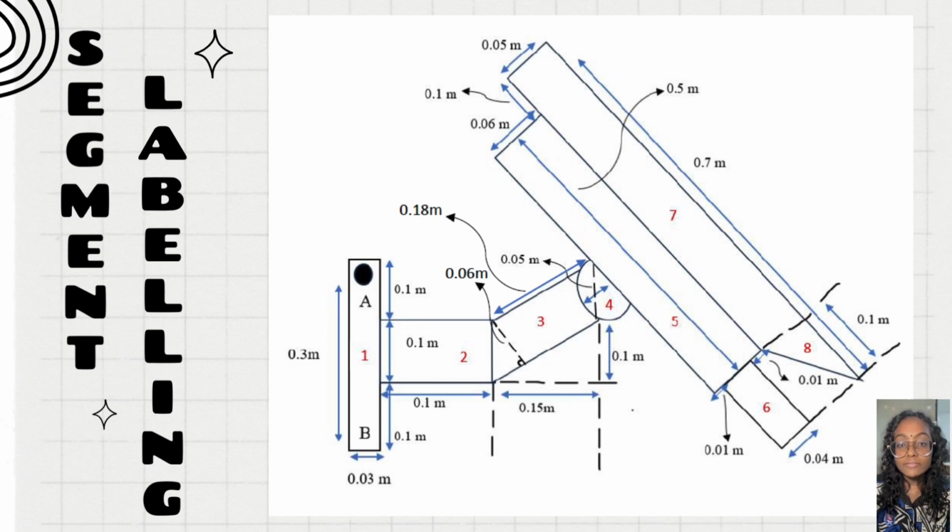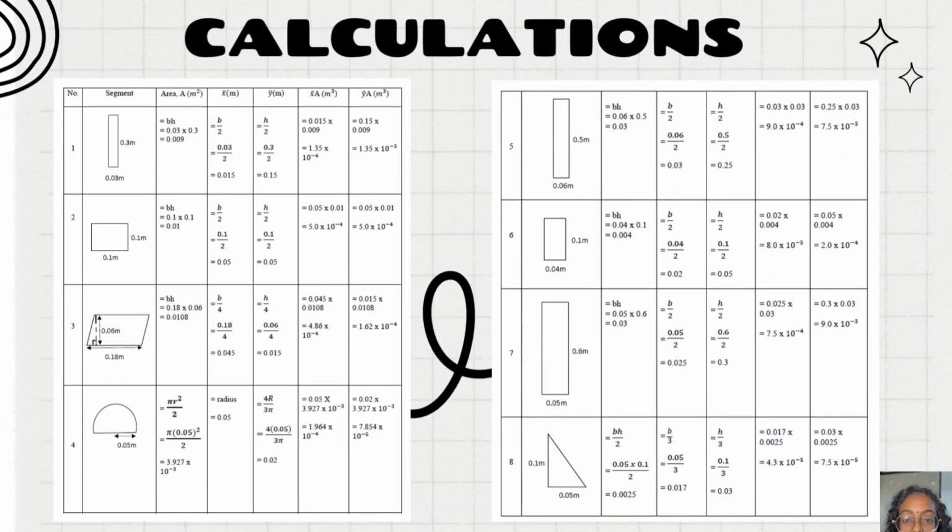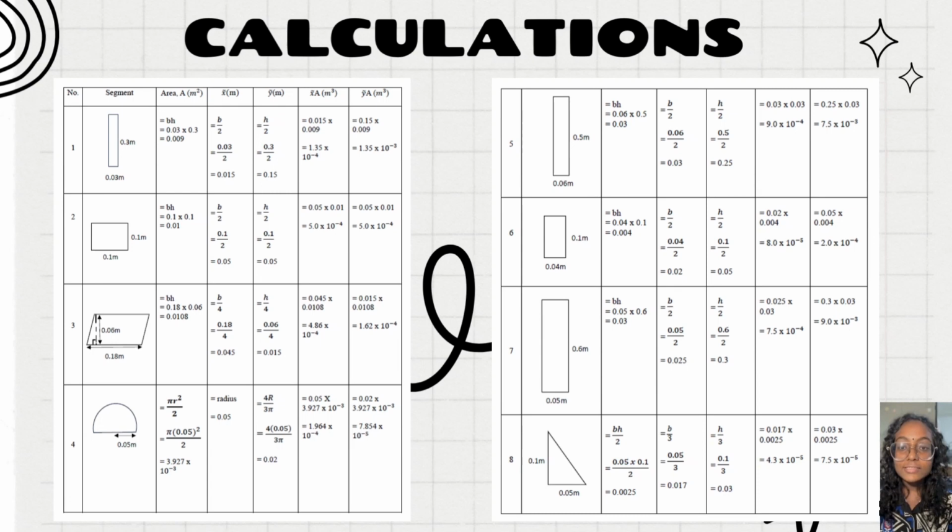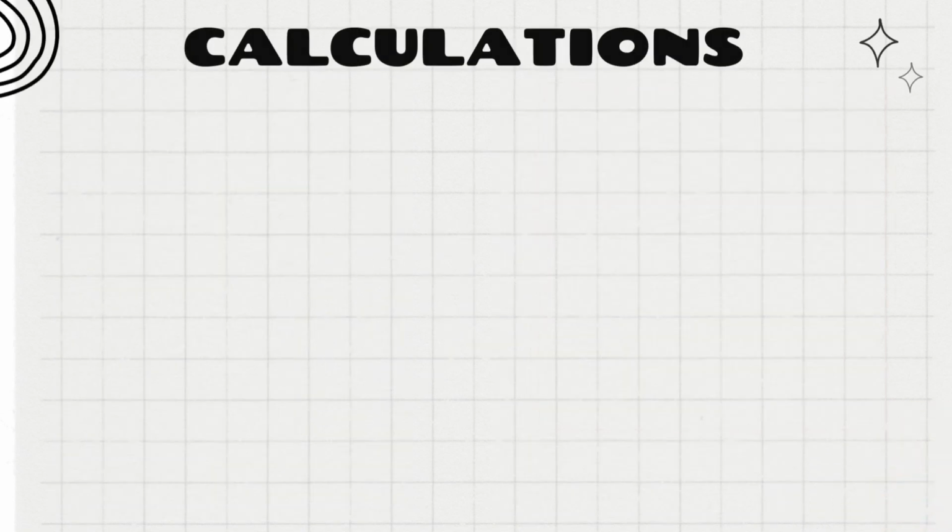So I have divided the shape into segments, which are rectangle, parallelogram, semicircle, and triangle. There are a total of 8 segments in our FBD. For calculations, we have calculated the area for each segment, and also the center of gravity which lies on the x-axis and the center of gravity which lies on the y-axis.